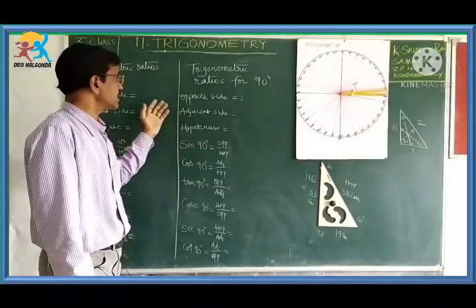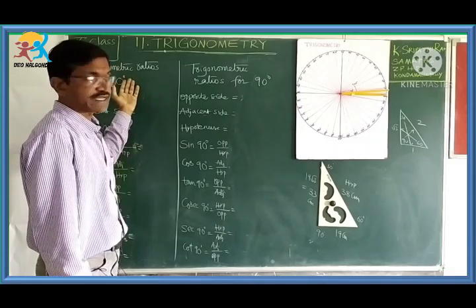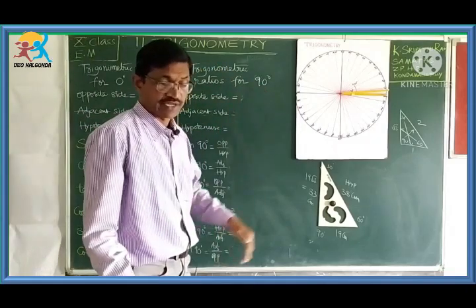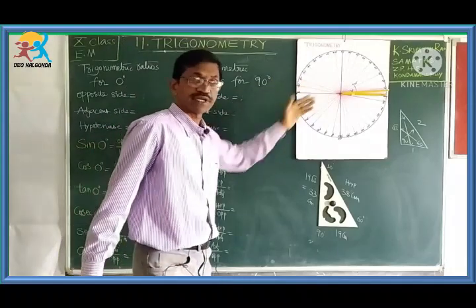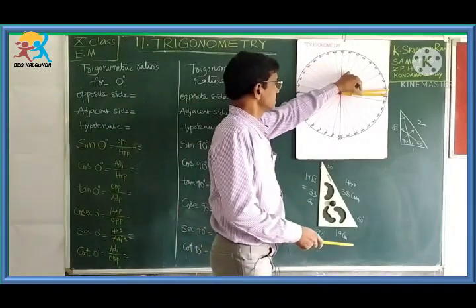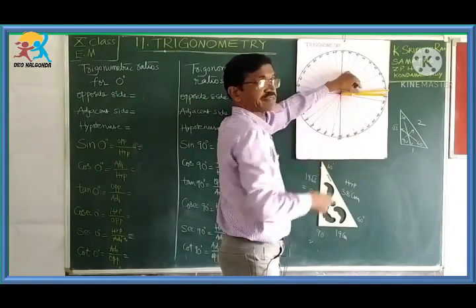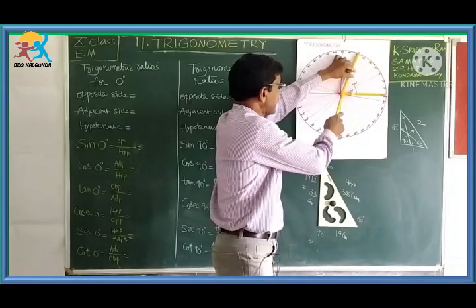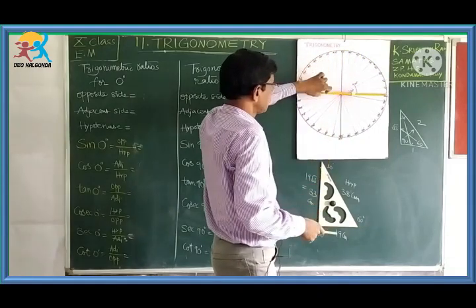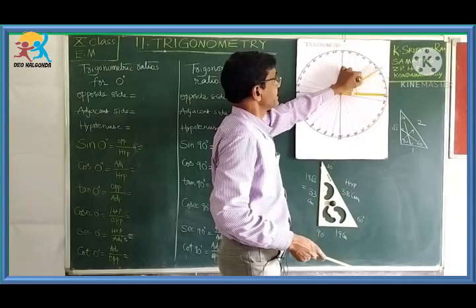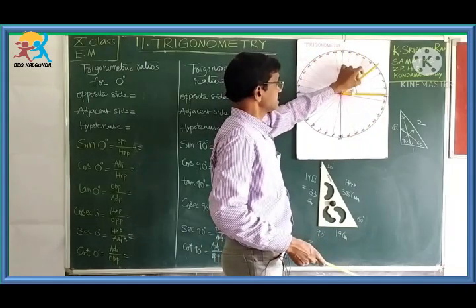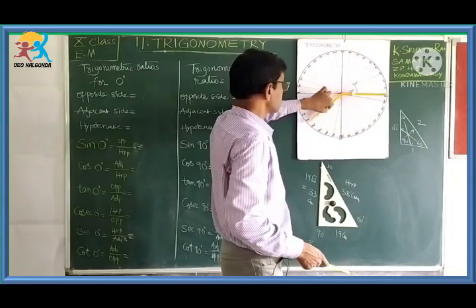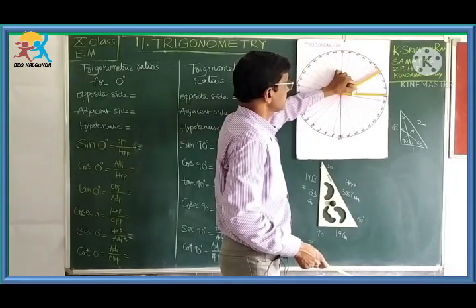Now let us find the trigonometric ratios for 0 degrees and 90 degrees by using the trigonometry TLM here. This is a ray, rotating about this axis. If it rotates like this, it is called anti-clockwise rotation. If it rotates like this, it is called clockwise rotation.